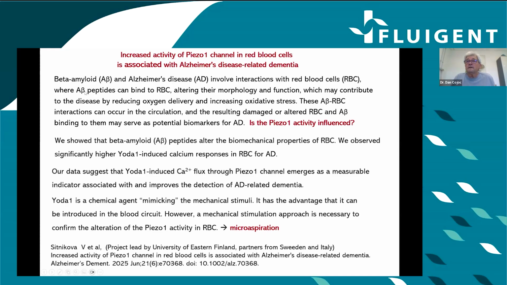So we have the beta amyloid peptides that can bind to red blood cells, altering their morphology and function, which may contribute to the disease by reducing oxygen delivery and increasing oxidative stress. These interactions can occur in circulation, and the resulting damaged or altered red blood cells, and beta amyloid binding to them, may serve as potential biomarkers for Alzheimer's disease.